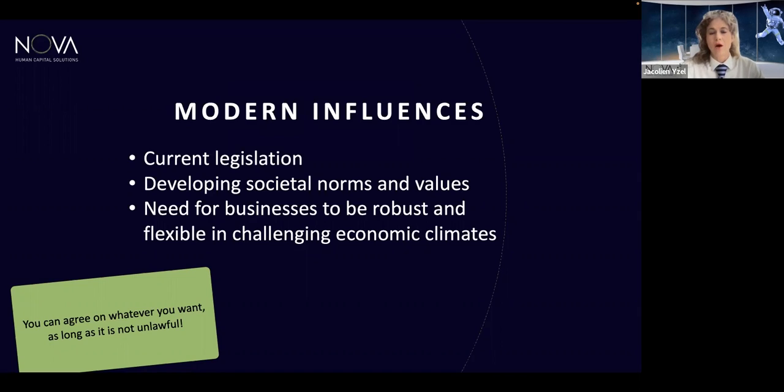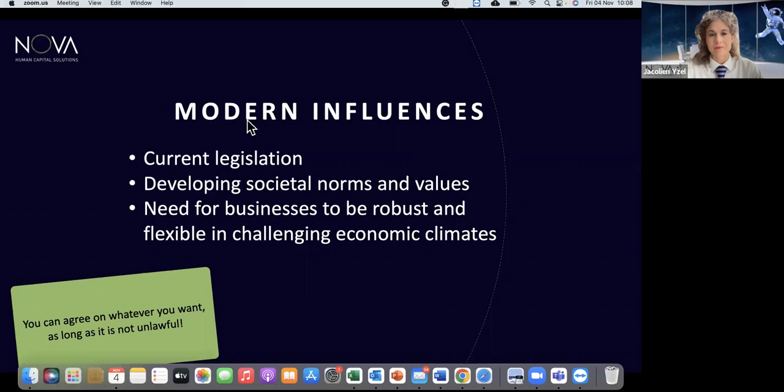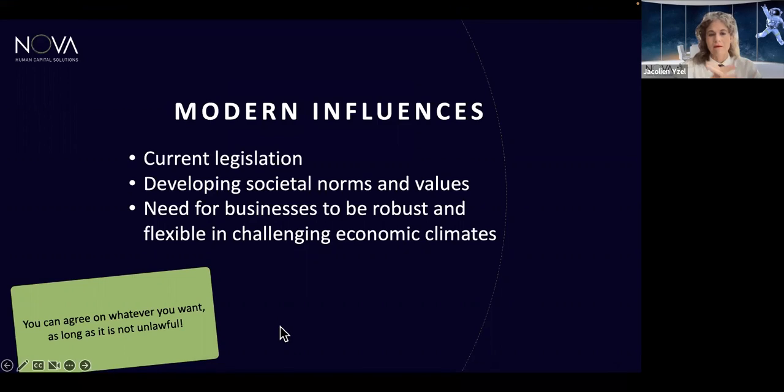So we also need flexibility in that in order for a business to respond to economic challenges and maybe to things like load shedding and increase in production and shortages of materials.